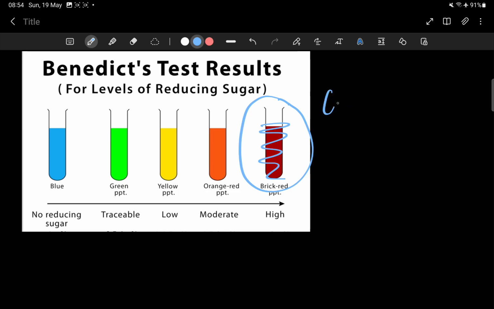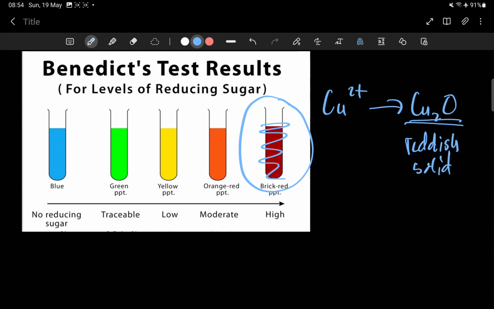We said it will be copper 2 plus being reduced to copper plus, but we'll put it with oxygen as copper oxide. Here it is, and that is what you get. This is a reddish solid, or precipitate. Precipitate is just a solid that you see being formed, and that is what you have in Benedict. You are done.